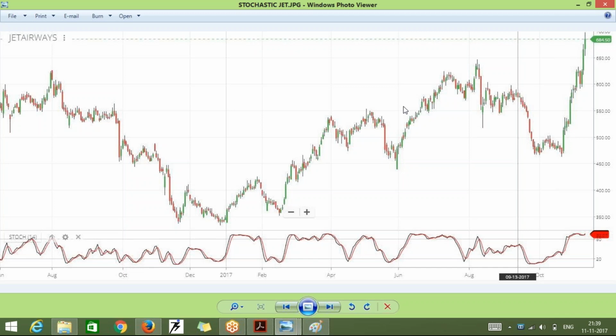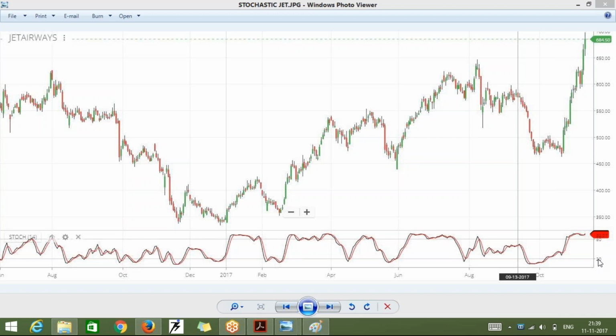Now let's see here. Please focus on this cursor. As I said, this is the range where it is showing that it is oversold, and here I have kept 80 and 20.